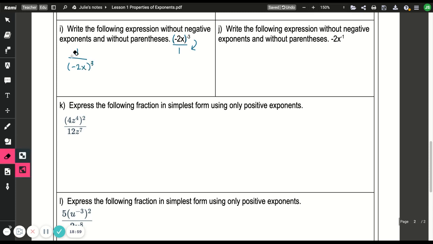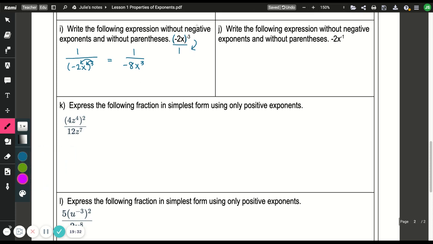So that exponent will become a positive 3. It only changes exponents, so it doesn't change the 2 at all. The -2, it doesn't change that. It only changes the exponent. Now I'm going to distribute the 3 into both of them. -2 to the 3rd is -8, and then x to the 3rd. Like I said, you could have done the distributing first. That would have worked as well.